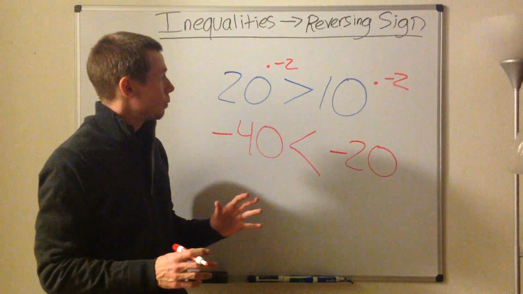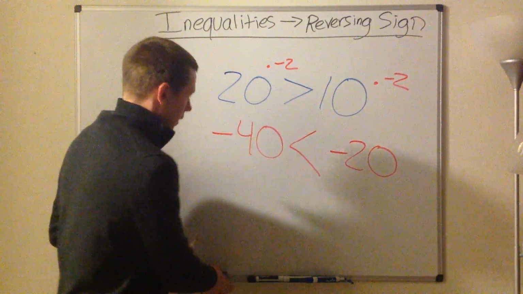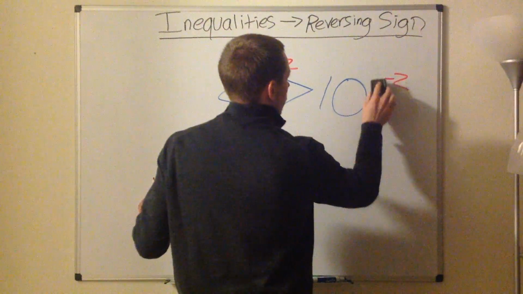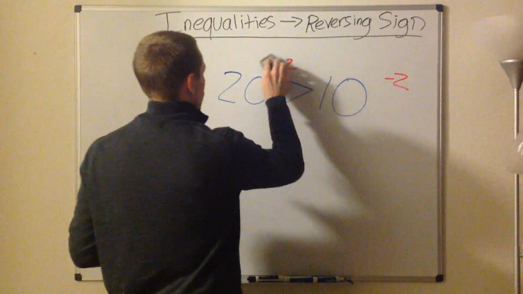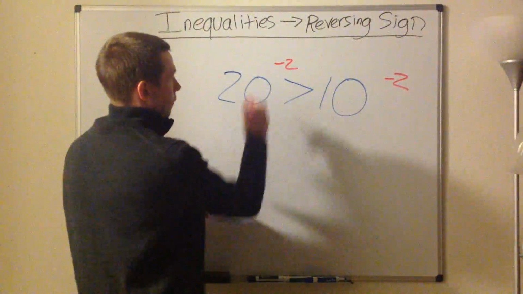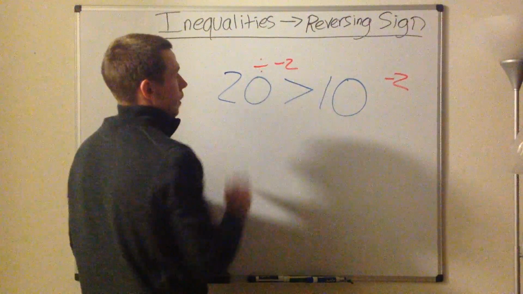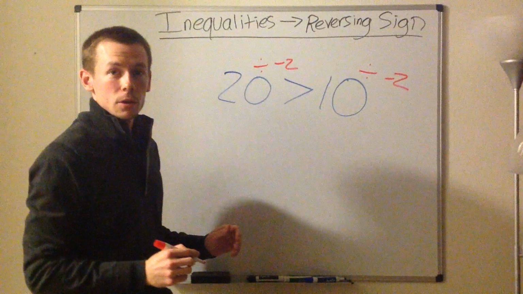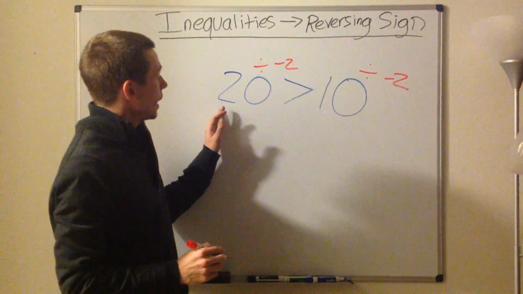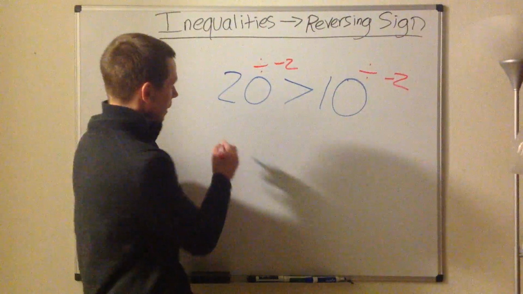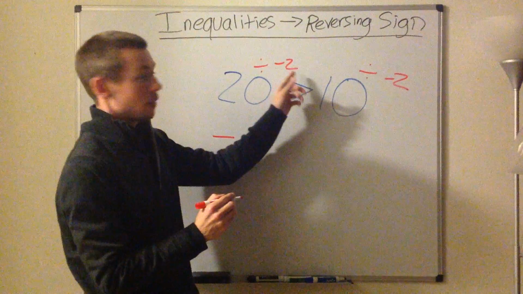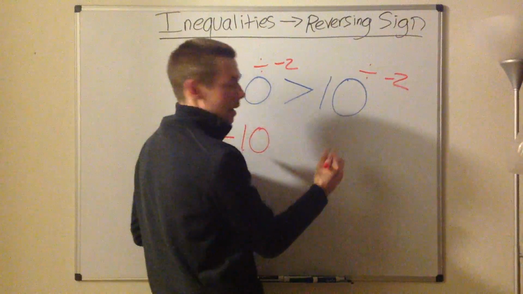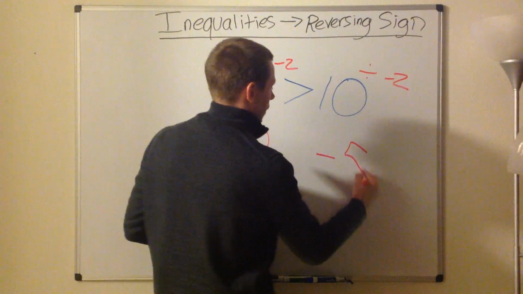What happens if we divide by a negative number? Well, instead of multiplying by negative 2, we'll divide by negative 2. A positive divided by a negative is a negative, and 20 divided by 2 is 10. 10 divided by negative 2 is negative 5.